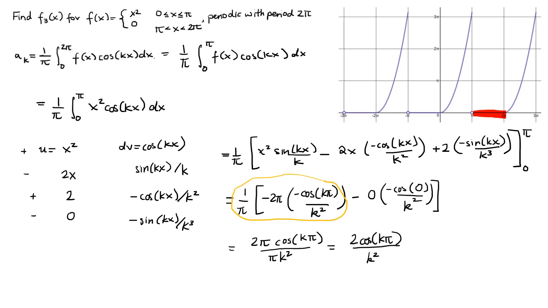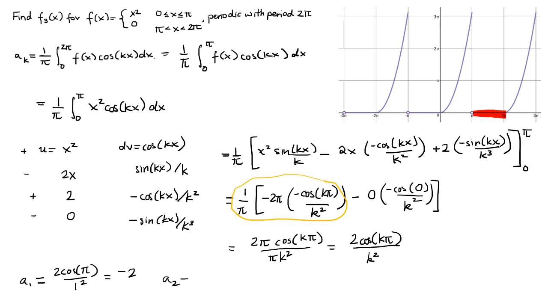So what that means is that now we can write in what A1, A2, and A3 are. So A1 is 2 cosine of pi over 1 squared. Okay, so that's -2.